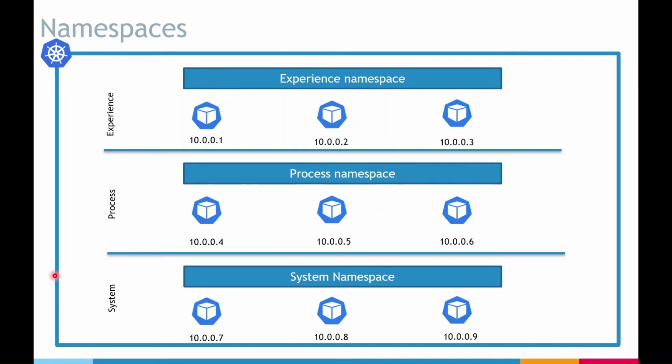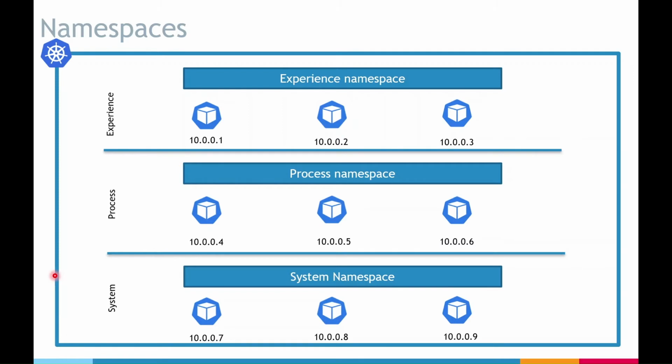Like a certain set of APIs belong to the system layer. So it makes sense to group them into a namespace so that Kubernetes can manage them, or if there is a Kubernetes administrator, he can do all sorts of manipulations or modifications, whatever is required. So for easier management, it makes sense to logically group the pods.